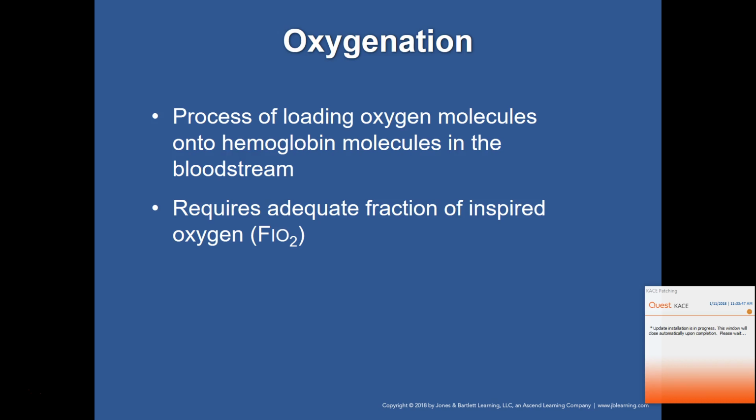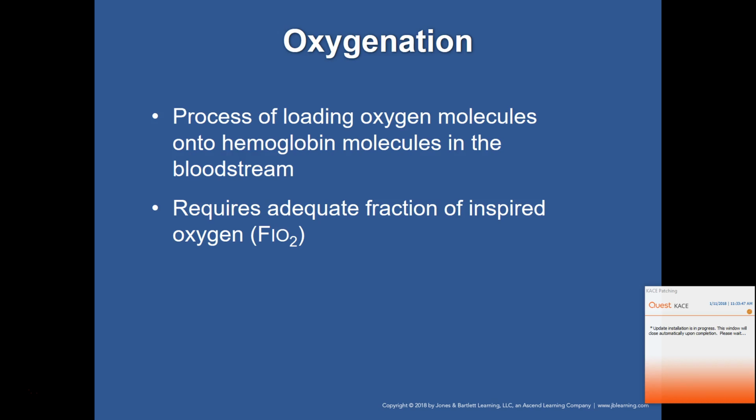Also, if there's any obstruction or any obstacle between the air and the alveoli, or between the air and the capillaries of the alveoli, if there's fluid in there, or anything that's creating an additional barrier, it's going to limit the amount of oxygen that moves from the air environment into the fluid environment of the bloodstream.